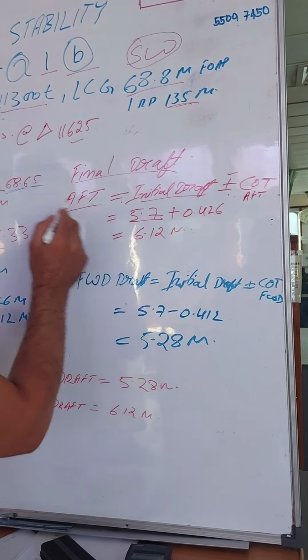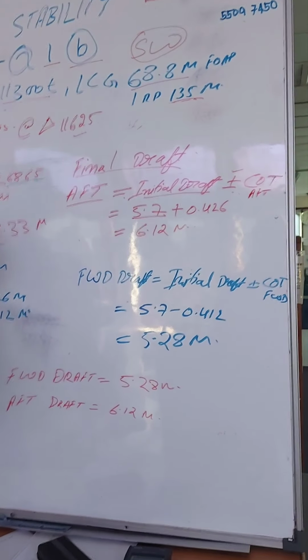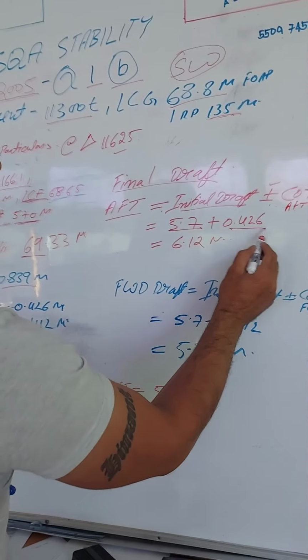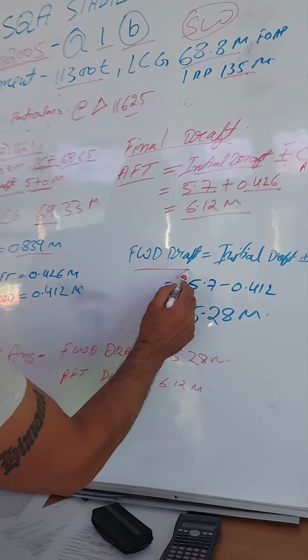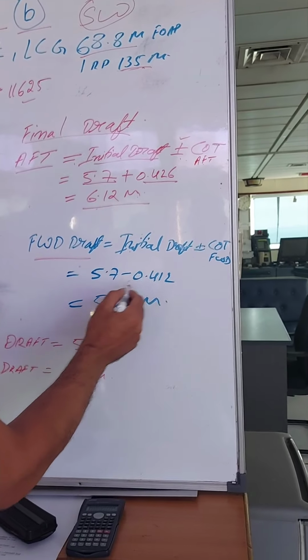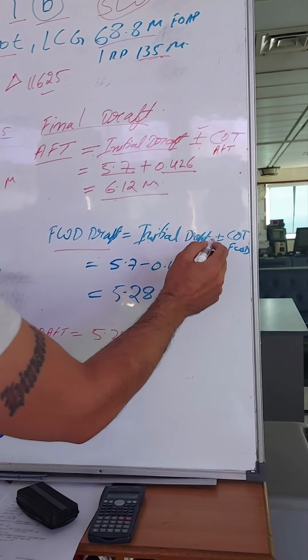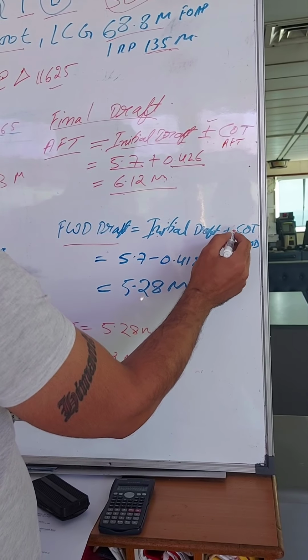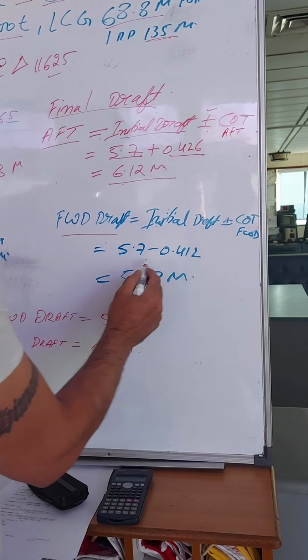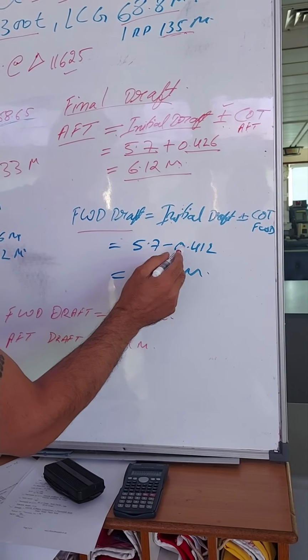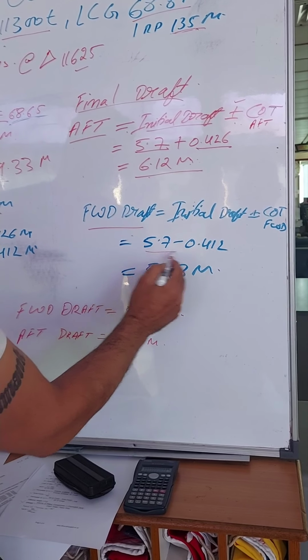Initial draft by hydrostatic table, change of trim, final aft draft. Forward draft is initial draft plus minus change of trim forward. If down by head, then plus, if down by stern, minus. In our case, down by stern, so minus.